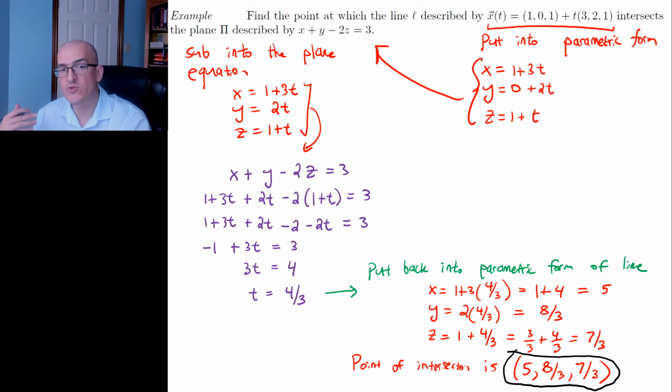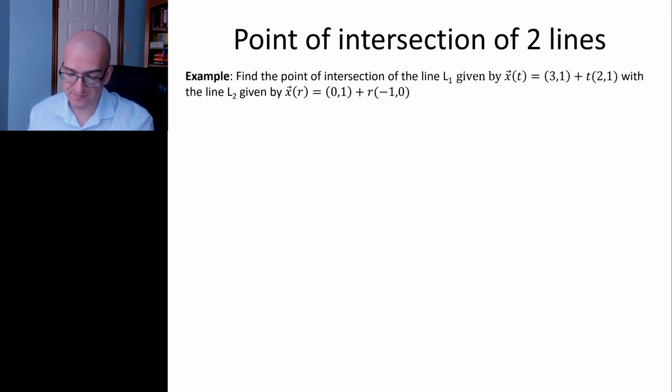So you always want to follow this template for getting the point of intersection between a line and a plane. But you may have to do some steps beforehand in order to get to the initial format that this question was given in. The line is in point parallel form and the plane is in standard form. So keep that in mind as you're doing these.